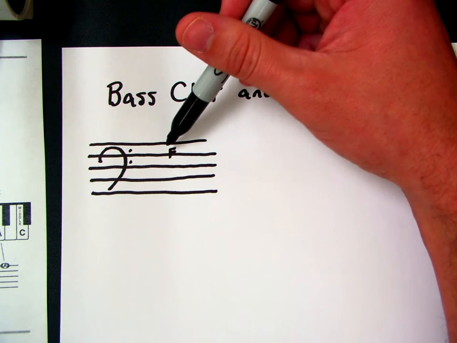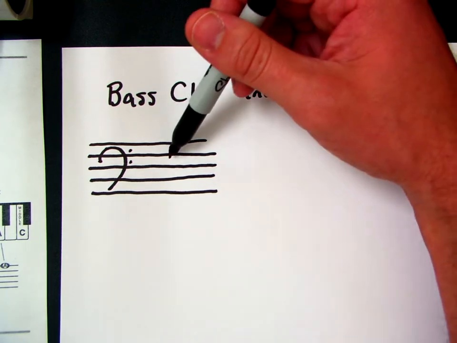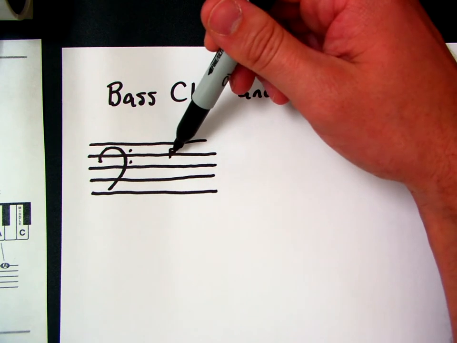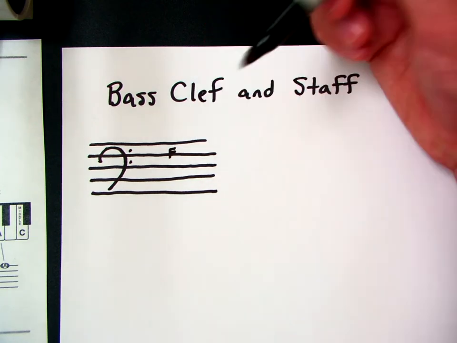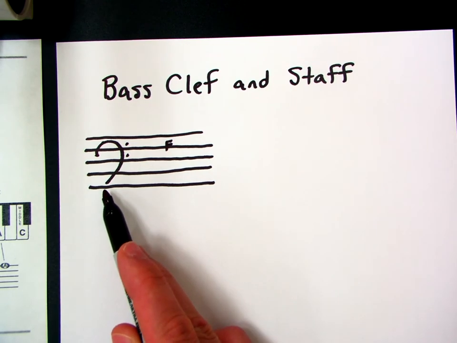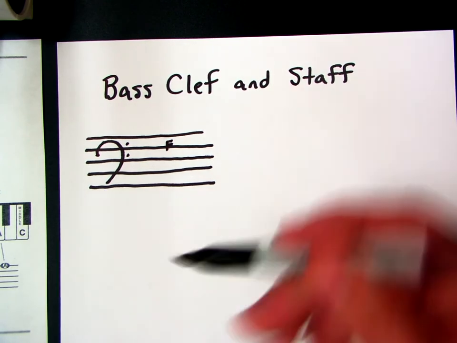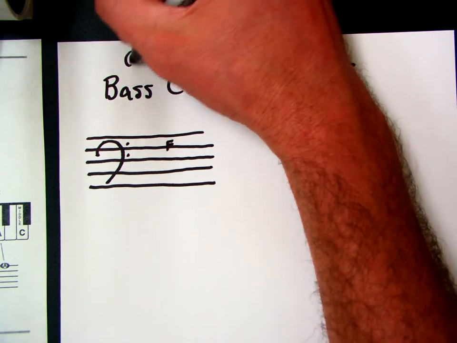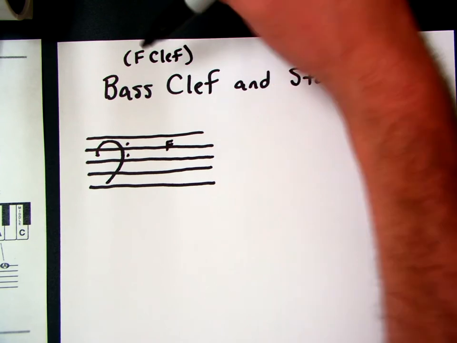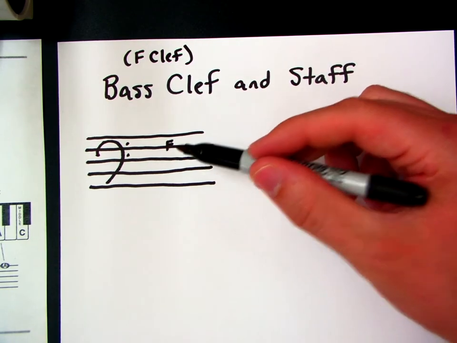I'm not going to mention it here because I don't want to confuse you, but when we have a bass clef at the beginning of the staff, line number 4 is always an F. Okay? Now, that being said, the bass clef also has another name. We call this clef the F clef. Treble clef was the G clef, bass clef is the F clef.